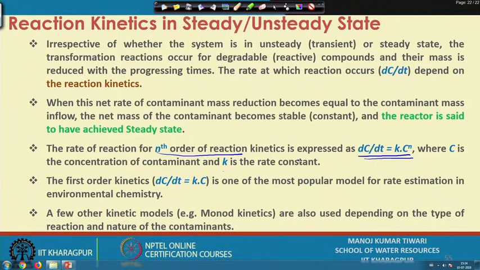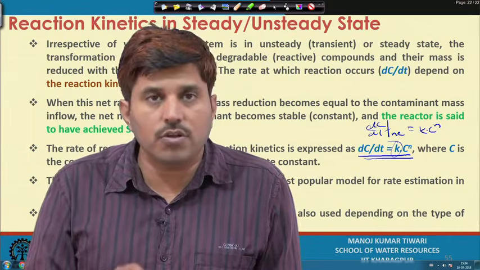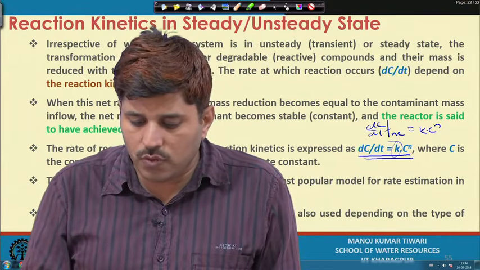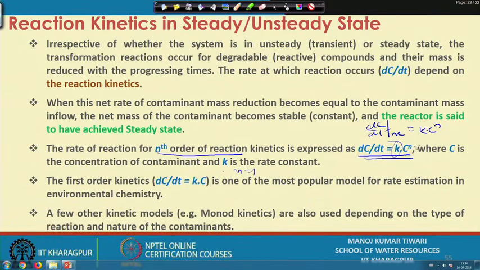The most common is first order, which is the most adopted in the literature. For first order, n becomes 1, so dC by dt is equal to k into C, and this is one of the most popular models for rate estimation in environmental chemistry.